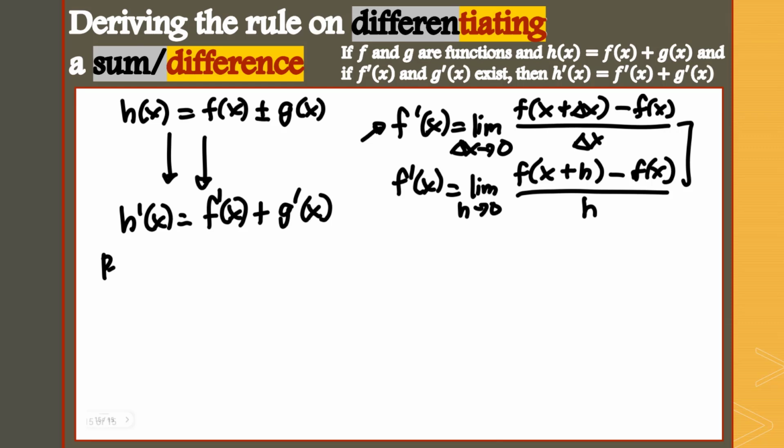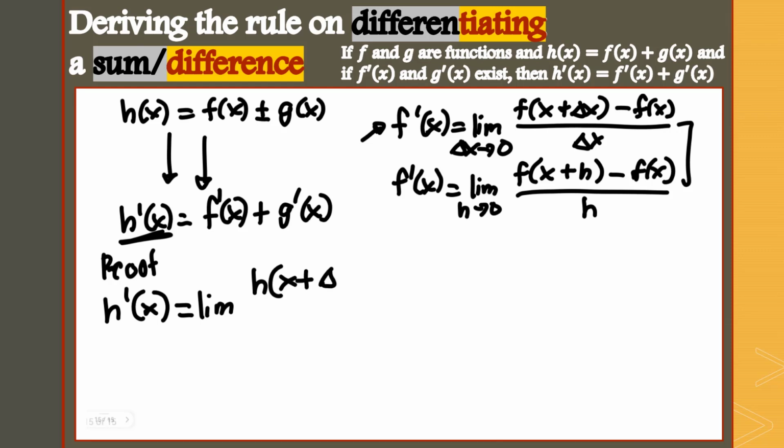So here is the proof. We're going to show this h prime of x. By definition, we change this to h. So we have the limit of h of x plus delta x, minus h of x, over delta x, as delta x approaches 0.